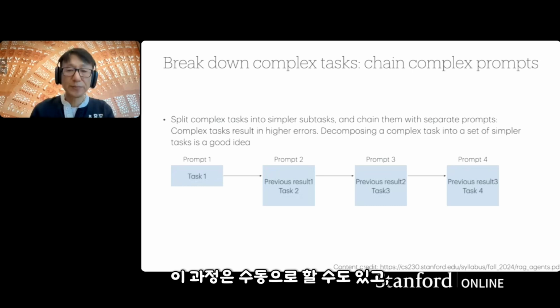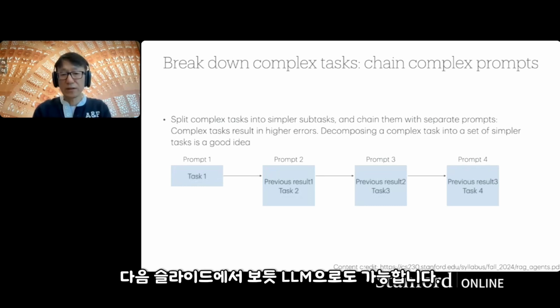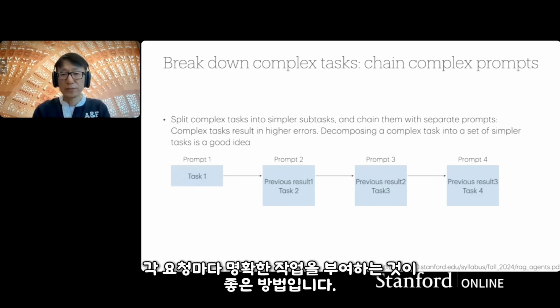By doing this, you may need to do it manually, or this can be done by an LLM, as we'll see in the following slides. But having a simple, clear task per request would be a good way to do it.